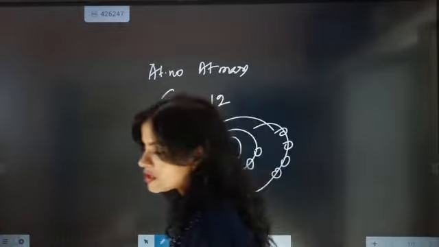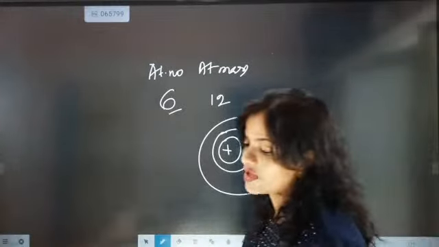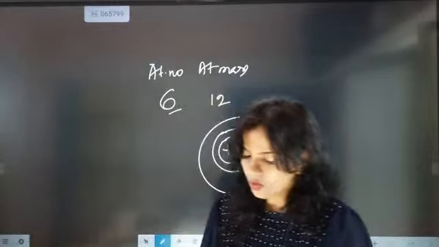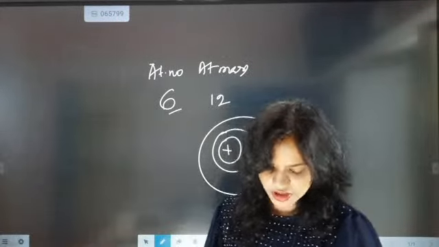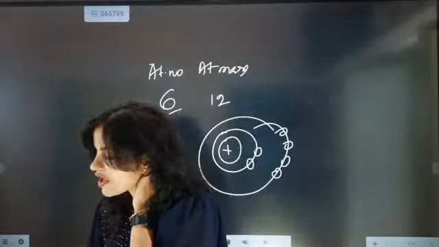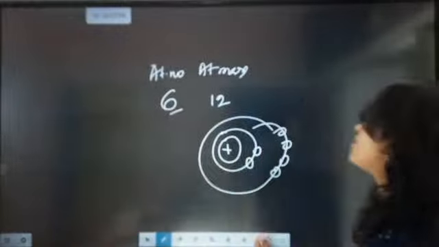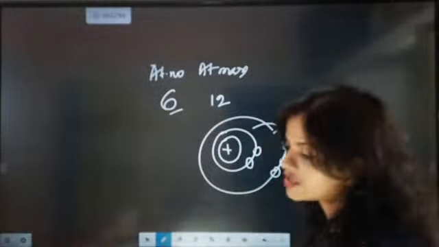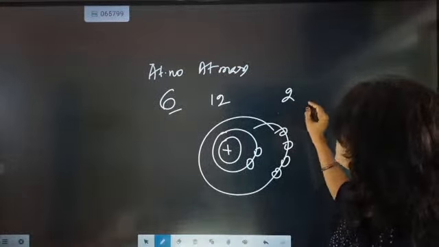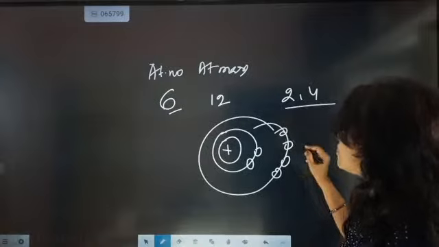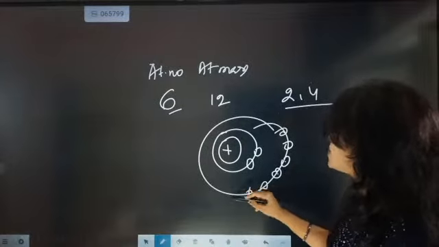But what is the maximum capacity of the second orbit? The maximum capacity is 8: 1, 2, 3, 4, 5, 6, 7, 8.